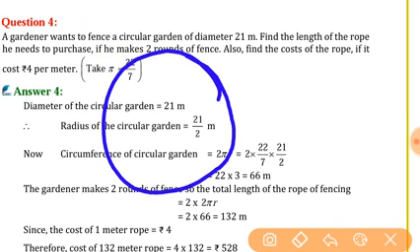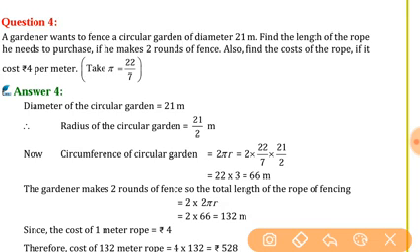So it is a circular compound like this. Circular garden, diameter 21 meter. So diameter is given. Find the length of the rope he needs to purchase. So by the rope it is fencing. If he makes 2 rounds of fencing, not only one.